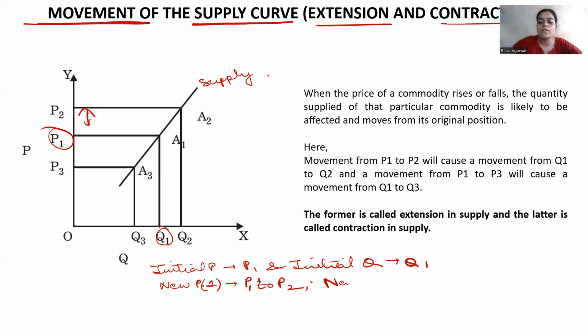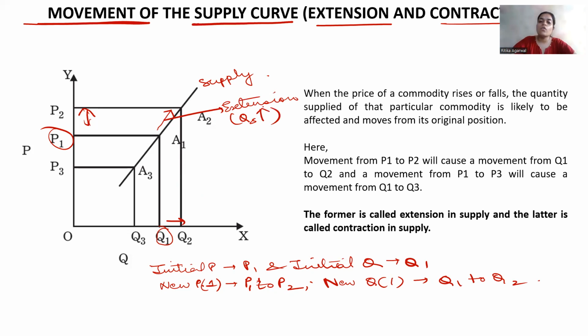So your new quantity will be increased from Q1 to Q2, right? This means that your point shifts from A1 to A2. Now, since the quantity has increased, it will show extension, obviously. So when there is an increase in quantity supplied, we always show extension in quantity supplied, or the movement of the supply curve is extension.